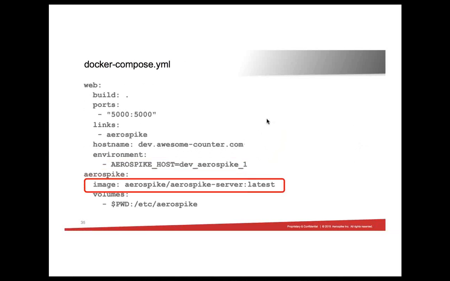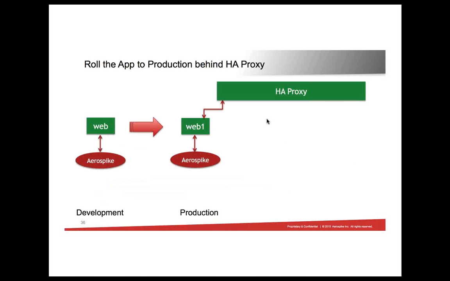And we talked about the Docker Compose file and the Docker file, so we won't cover that again. Now I've had it running in development, the development team's given it the thumbs up. We now want to deploy this into production. Clearly, in production, you don't want to run a single web node and a single database node.